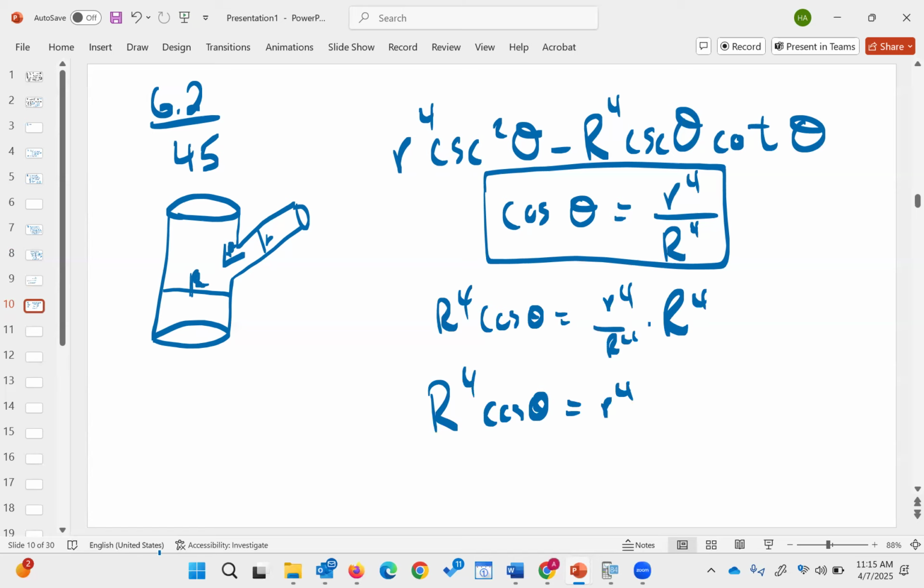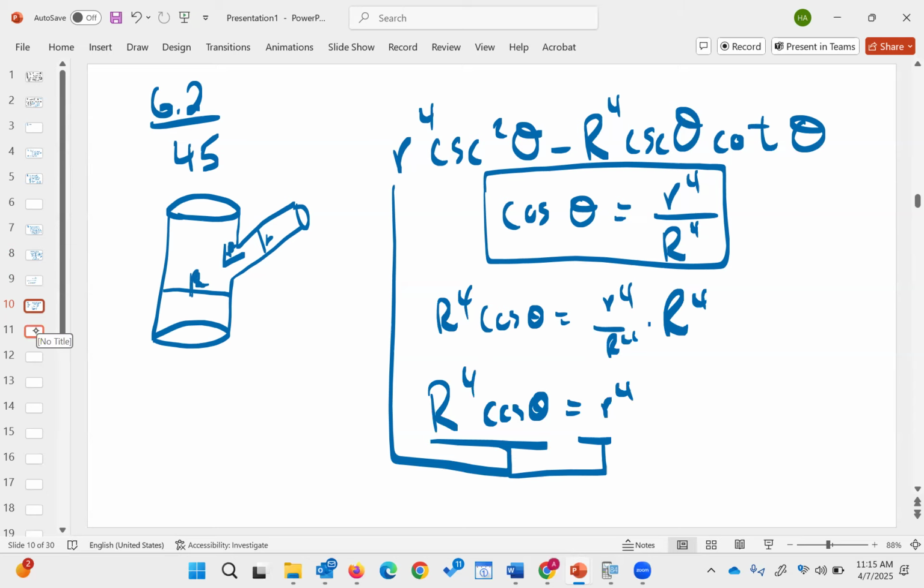Okay, so then we're going to substitute this here. I think it should work out. So little r to the 4th is now going to become big R to the 4th cosine theta.